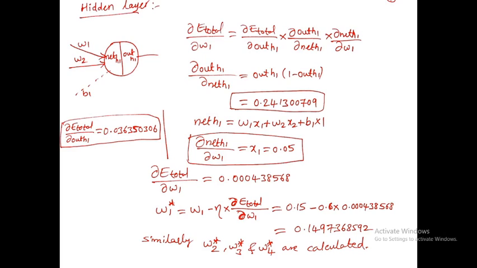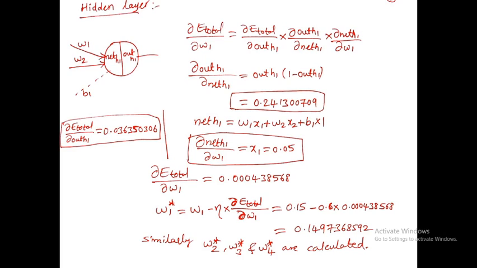In a similar way, you can calculate W2*, W3* and W4* also. Do this as homework, and write these two slides step by step, then only you can understand. I have put all the values in a single slide, but you do it step by step, and find out W2*, W3* and W4* as homework.